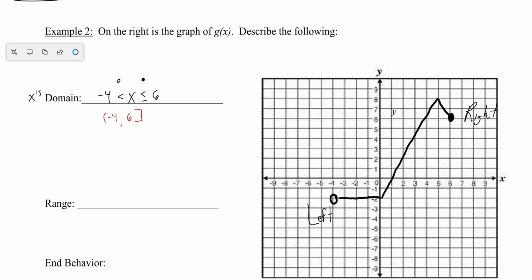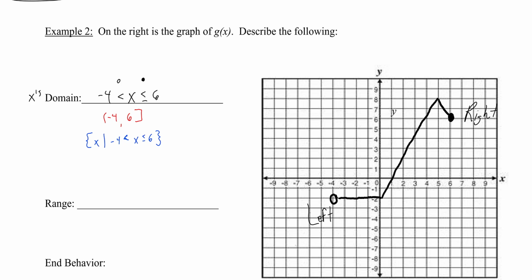And then finally, set builder would be all x's such that x is greater than -4 and less than or equal to 6. Typically, set builder looks a whole lot like an inequality. So if you understand inequality, you shouldn't have too big of an issue with set builder.